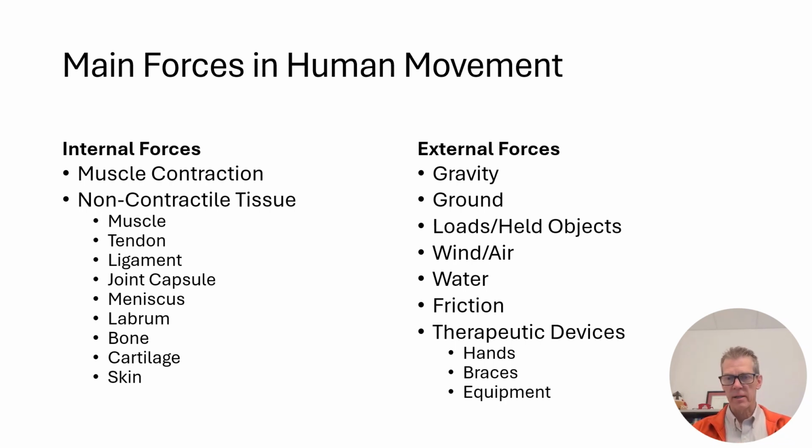The same principle applies to other stationary objects. If you push on a wall, you get a reaction force. If you sit on a chair, you get a reaction force, etc. So we sort of use ground as a kind of universal term to represent those other reactionary forces that you'll also have. Of course, if you're holding something, a grocery bag or a dumbbell or a suitcase, those are also applying loads, and they're an external object. Wind and air provide some external forces.